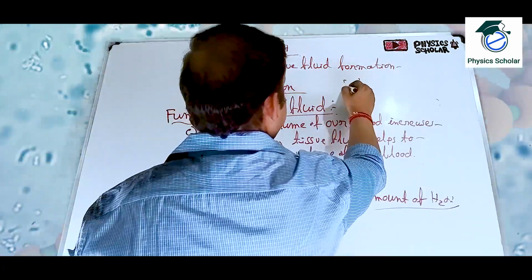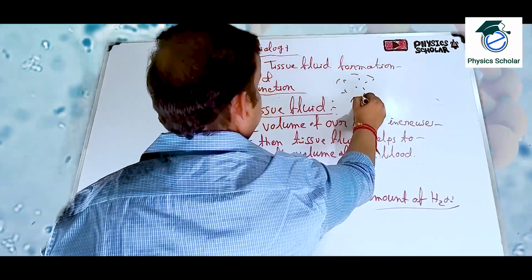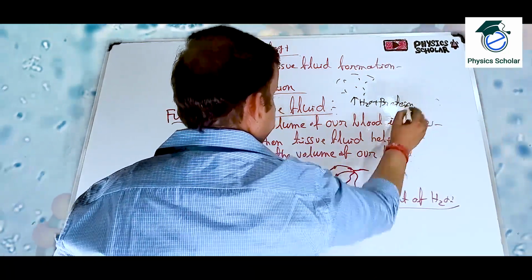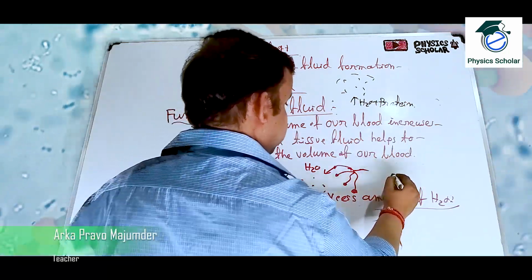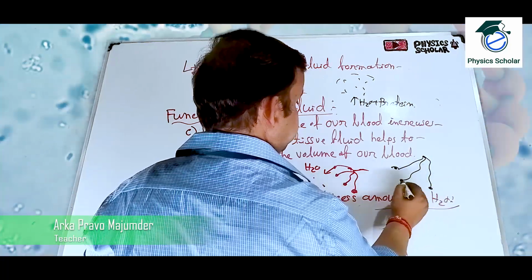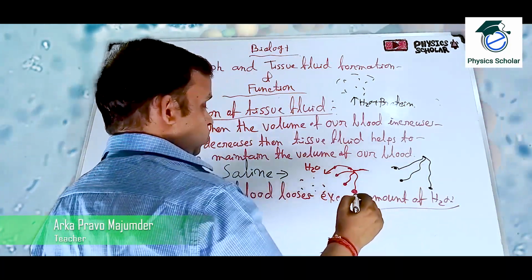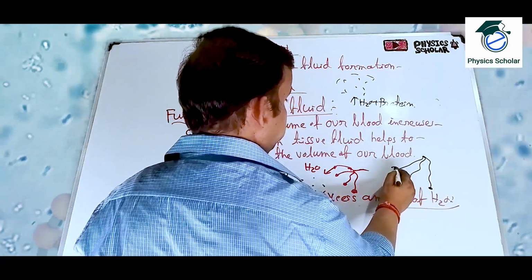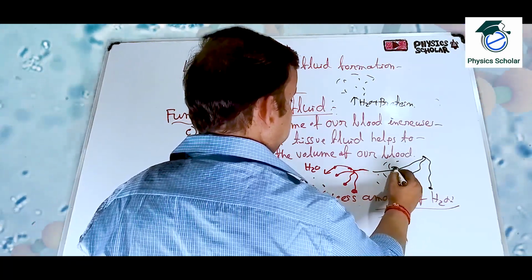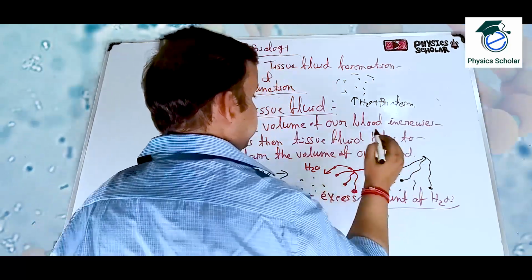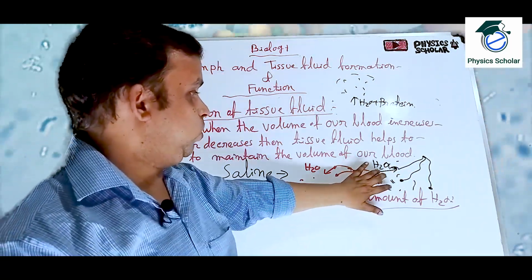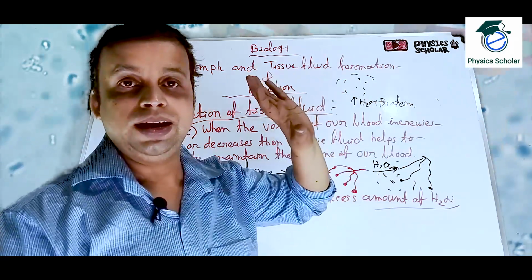Then the tissue fluid is there. Tissue fluid means what? H2O plus protein. Then, through the venous capillaries, the water from the tissue fluid will enter into the blood. Clear?